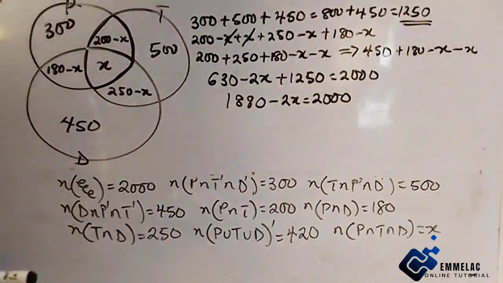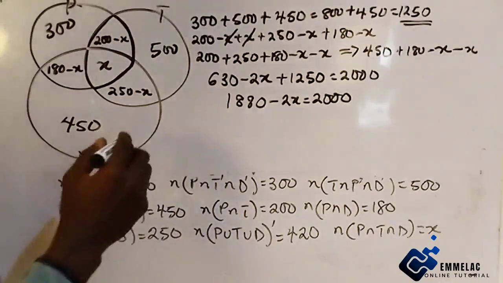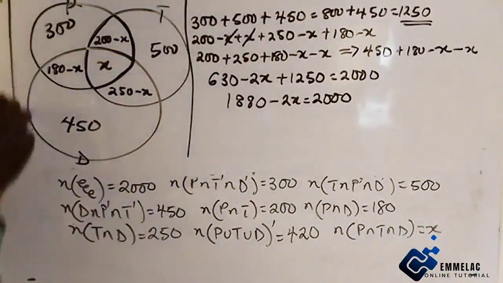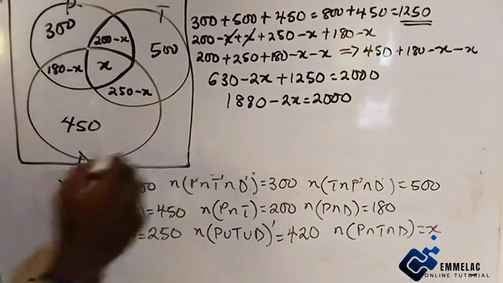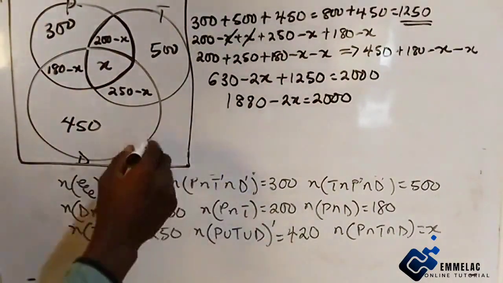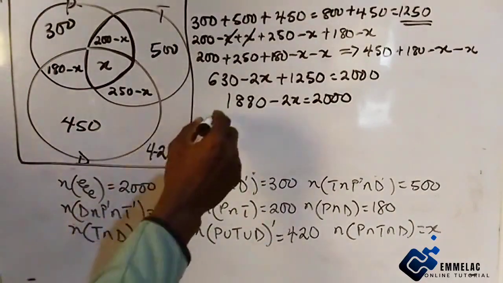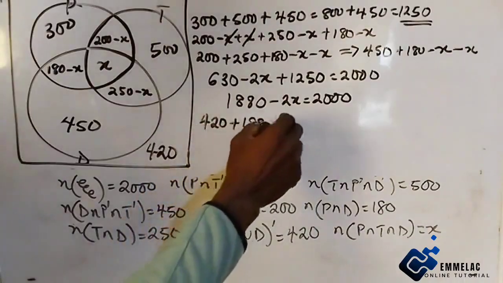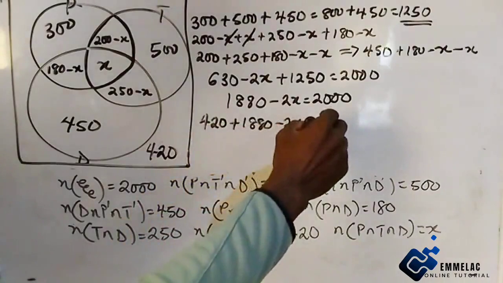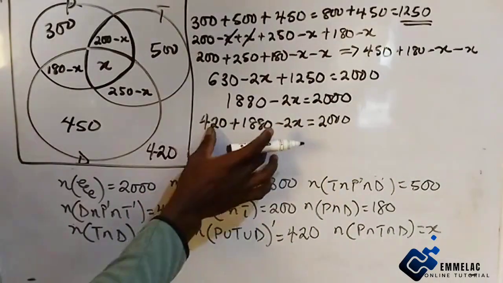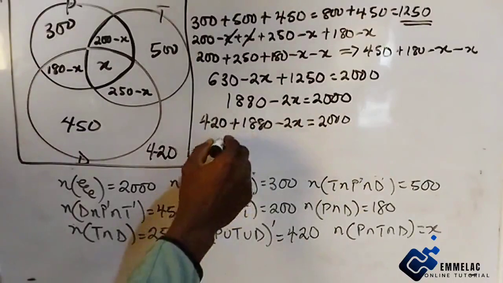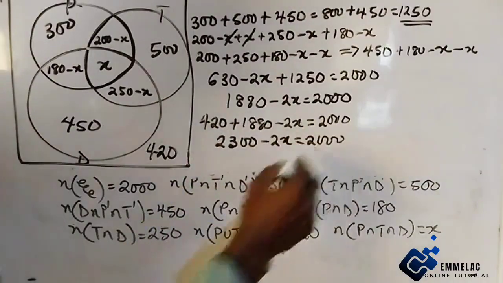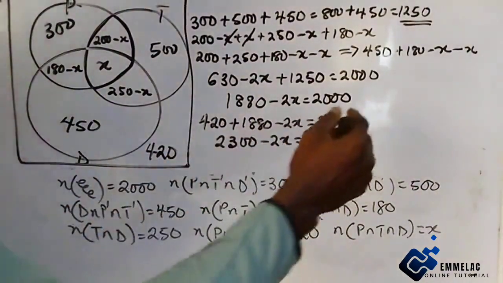Now here we have 420, so 420 plus 1880 minus 2X equals 2000. This plus this gives us 2300 minus 2X equals 2000.